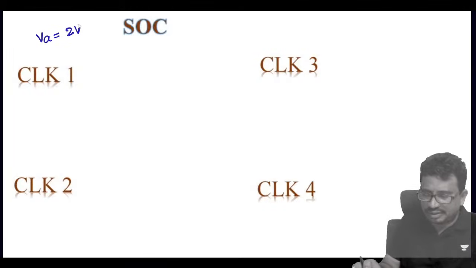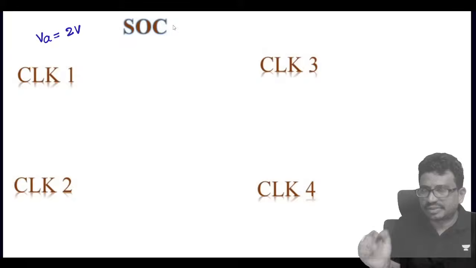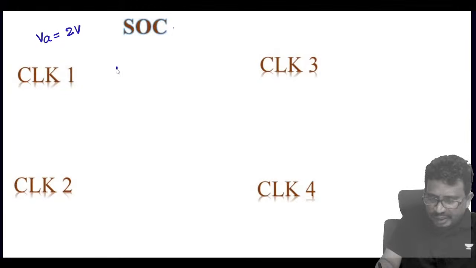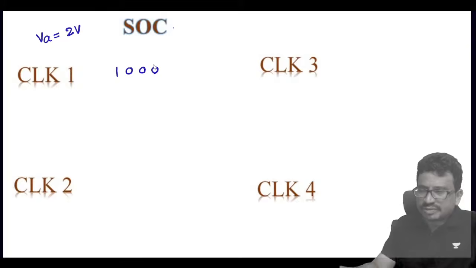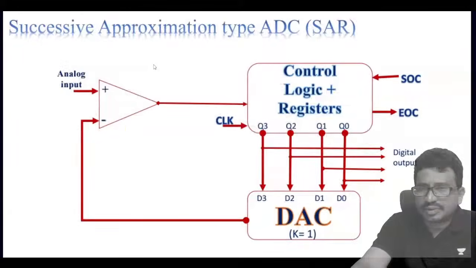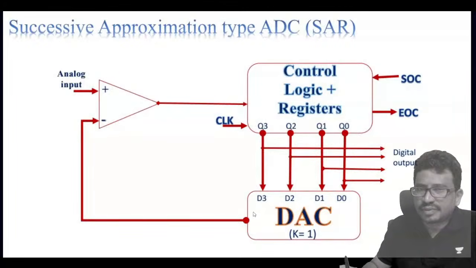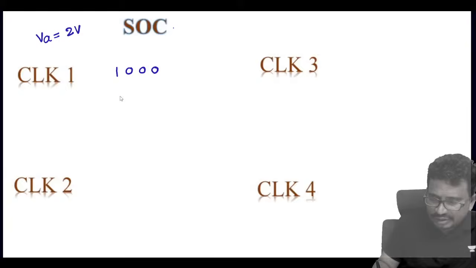The moment you press SOC, meaning start of conversion, it will make this 1 0 0 0 at the starting. Okay, now this value will be given, this will generate now here. Now you see this thing, the DAC output voltage we need to see here. So what is this thing here? Digital value, tell me now.